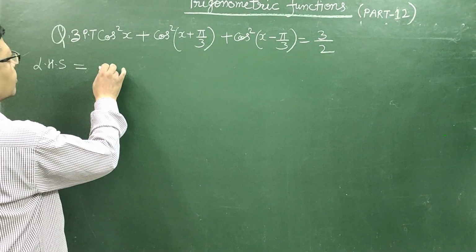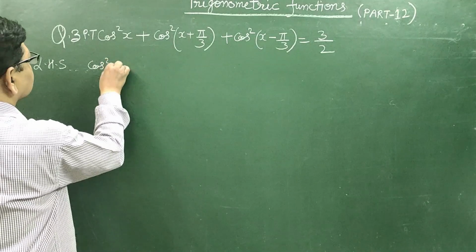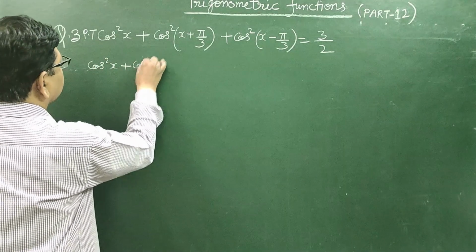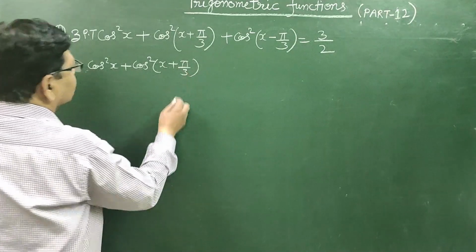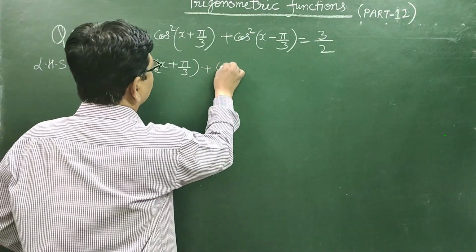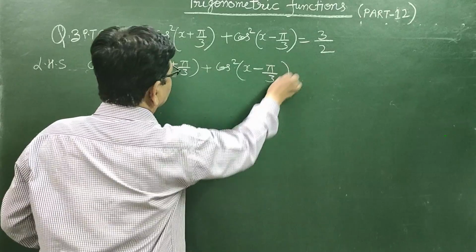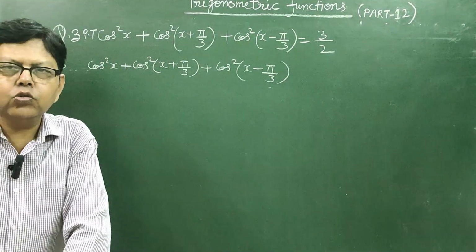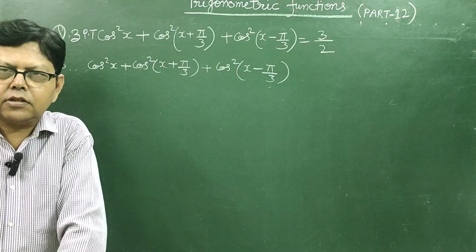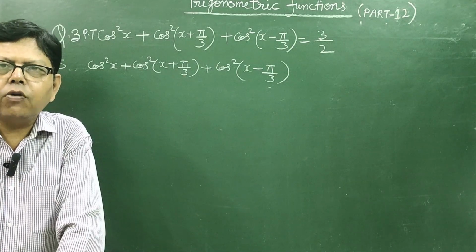Cos square x plus cos square (x plus pi upon 3) plus cos square (x minus pi upon 3). Right now we are not in a position to use any formula. So first let us bring it in the cos 2A form.